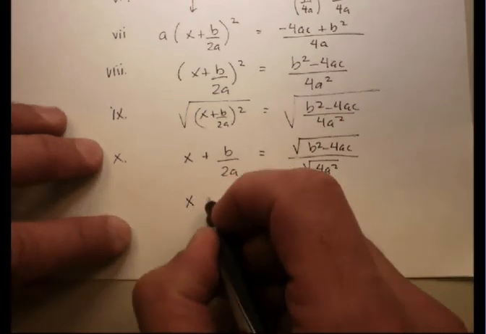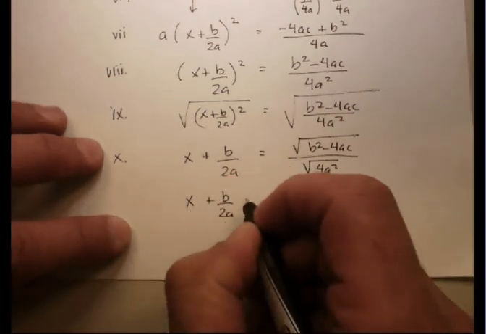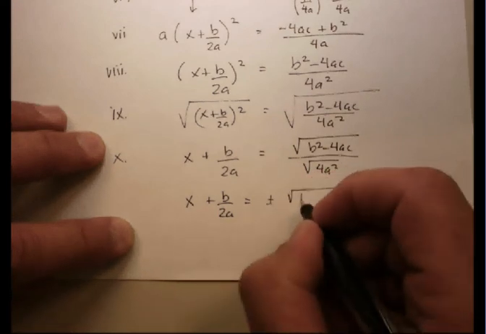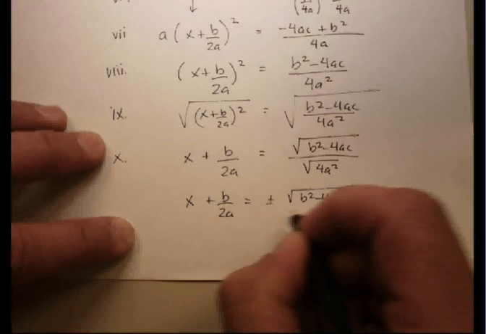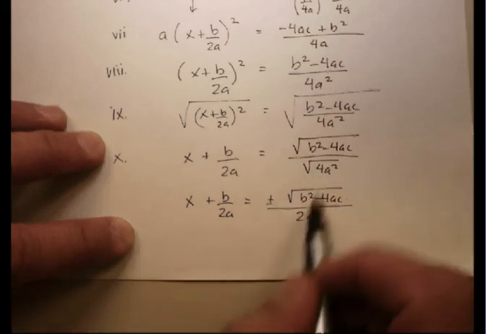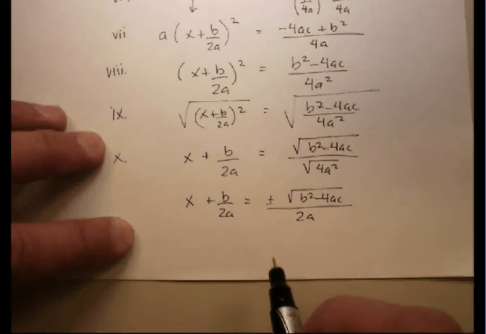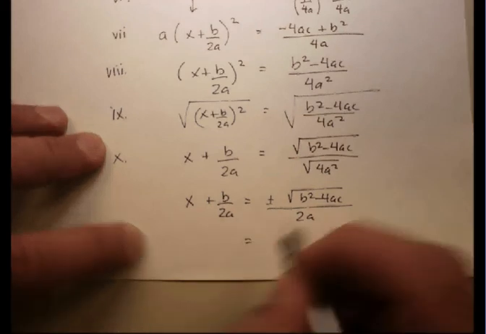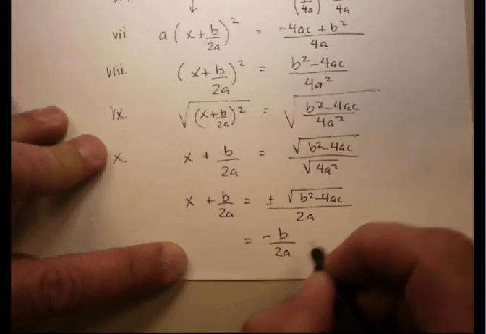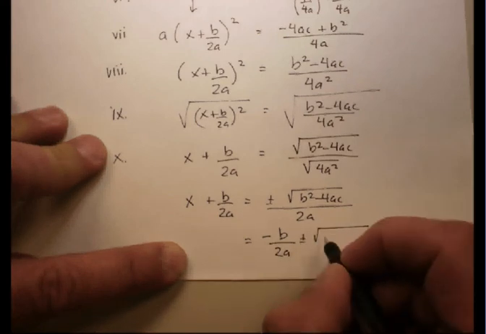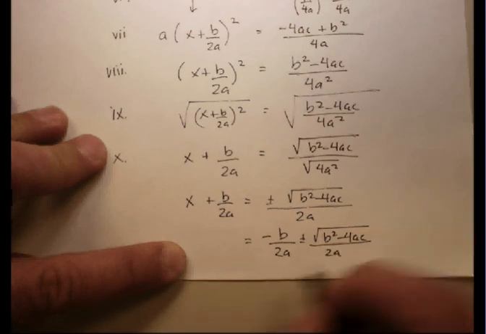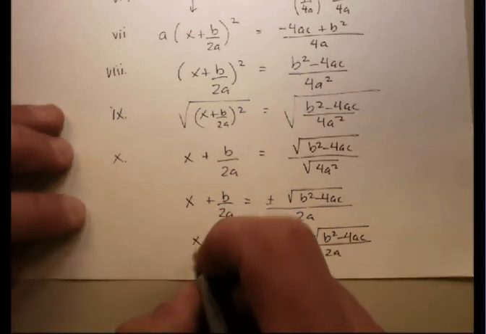I'm going to get x plus b over 2a is equal to plus or minus the square root of b squared minus 4ac all over 2a, because the square root of 4a squared is 2a. Then I subtract this. You get negative b over 2a plus or minus the square root of b squared minus 4ac over 2a. Put that under the same denominator.